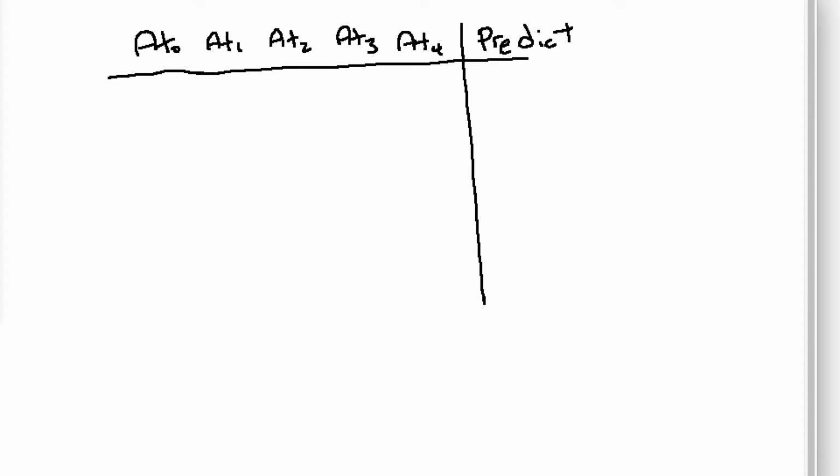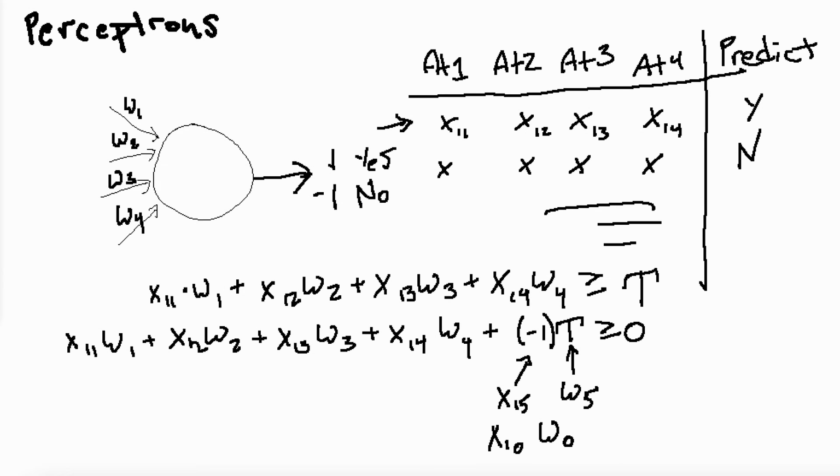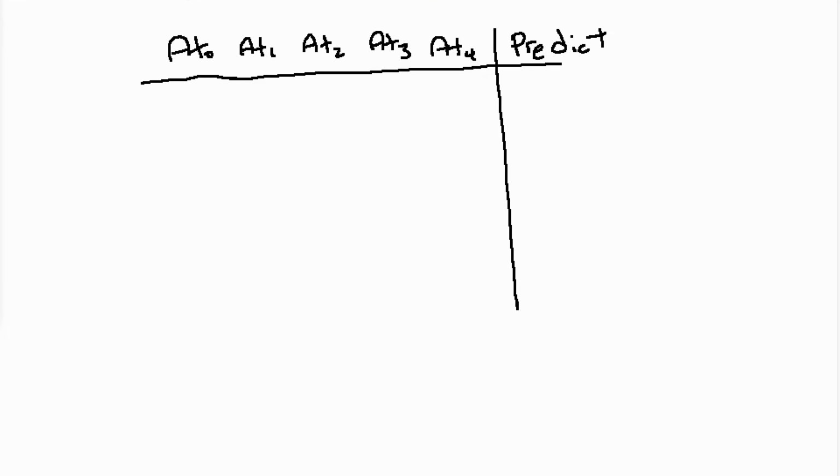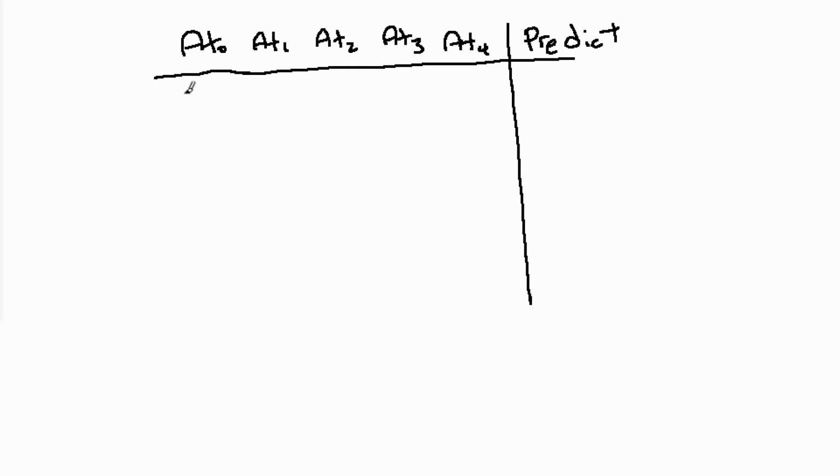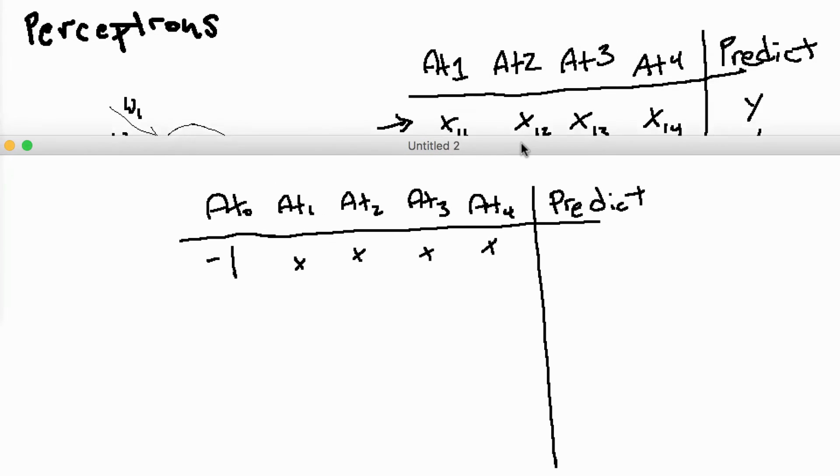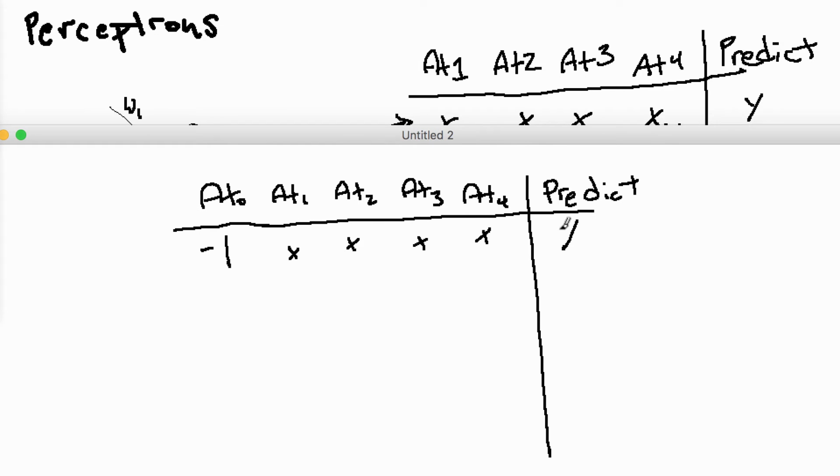And again, let's just go back and look at what we said last time. What we're going to do is we're always going to make our attribute 0 just minus 1. So this would be minus 1. And then we would have whatever value we had before and the same predicted value as before. So for this one, we would make this a yes.